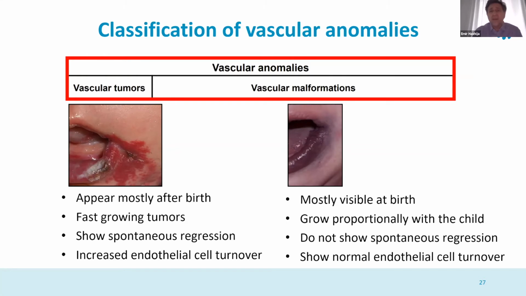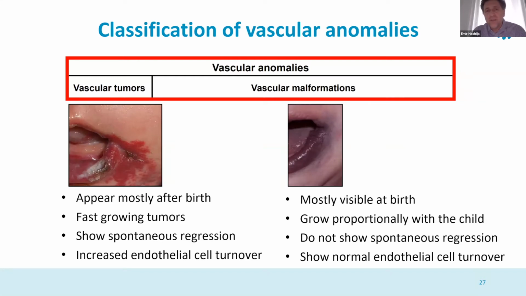So when you compare these two lesions, and when you know these differences, you cannot say for the lesion on the right that it is an infantile hemangioma or that it is a vascular tumor. You should know that it is not an infantile hemangioma because it was present at birth and it did not change much. Why am I stressing this point?